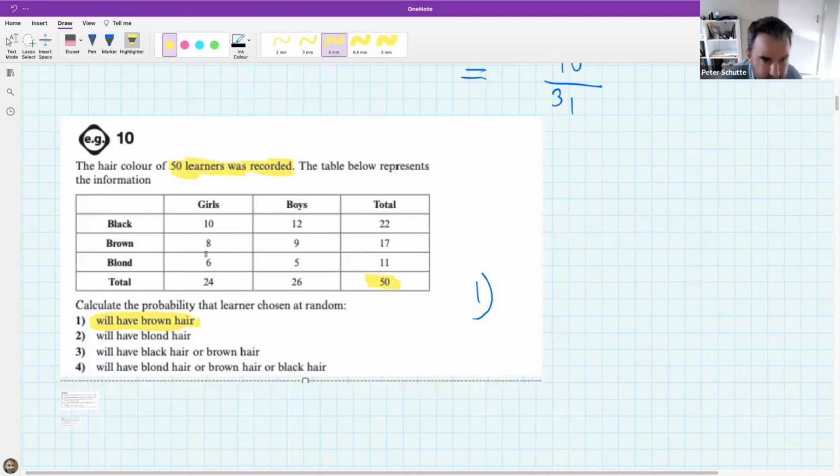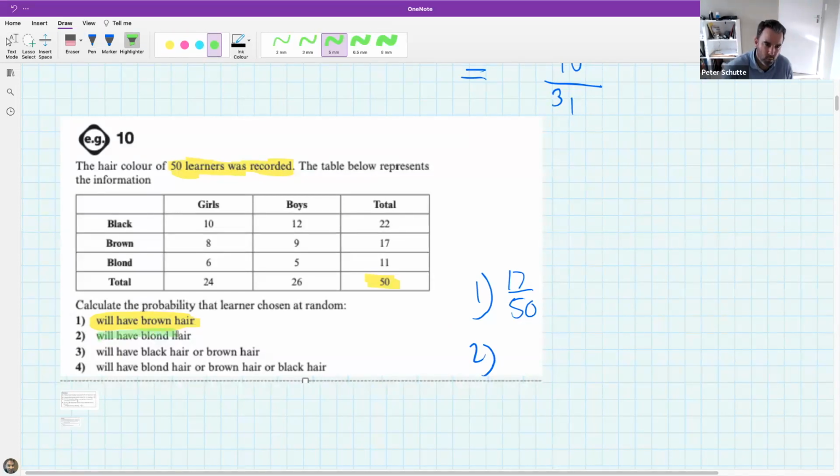So what is the probability that a randomly chosen person has brown hair? So I look for brown, and I see the total, and it's going to be 17 out of 50.